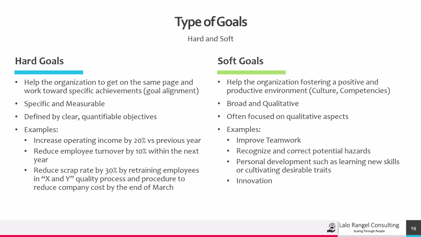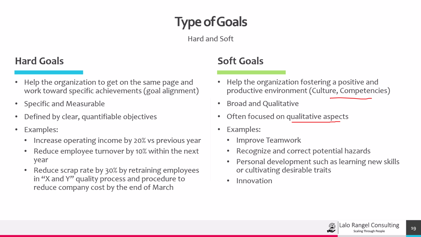The soft goals help the organization foster a positive and productive environment. You can relate them to culture, to behaviors, to competencies. They're broad and qualitative. They're often focused on qualitative aspects.